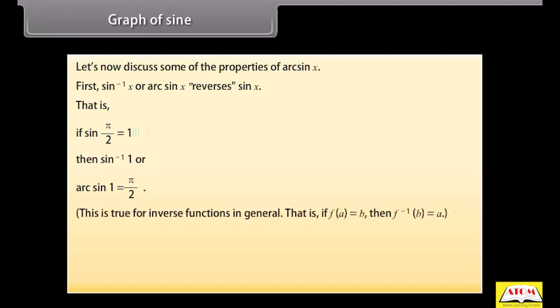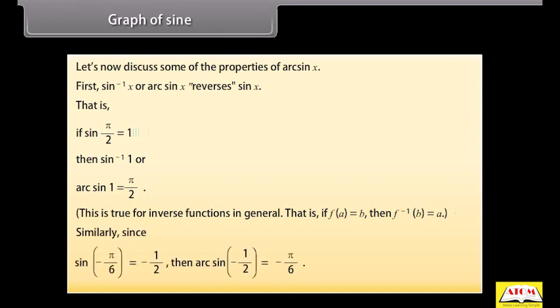This is true for inverse functions in general. That is, if f(a) = b, then f⁻¹(b) = a. Similarly, since sin(-π/6) = -1/2, then arcsin(-1/2) is equal to -π/6.